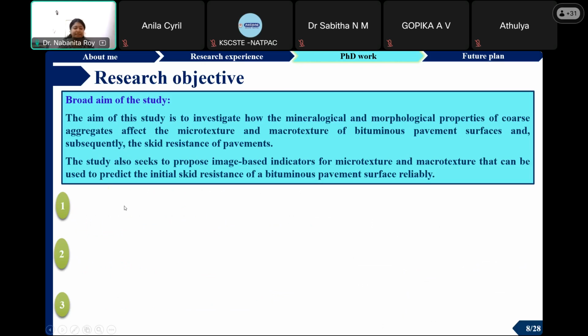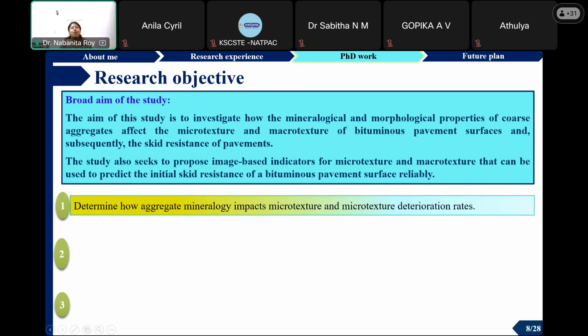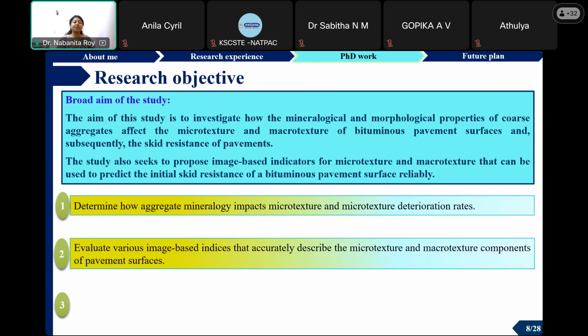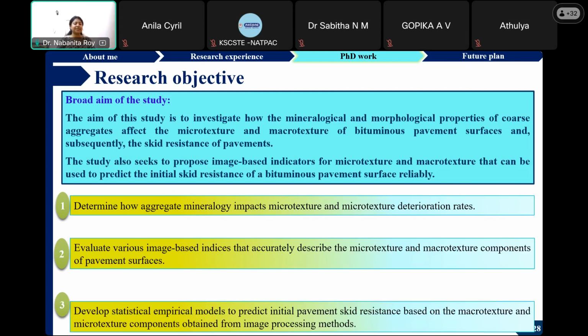So, to avoid that, image-based indicators were proposed as an alternative that can be used reliably to predict skid resistance. To achieve this broad aim, there were some specific objectives. The first objective was to determine how aggregate mineralogy impacts microtexture and microtexture deterioration rates. The second was to evaluate various image-based indices that accurately describe the microtexture and macrotexture components of pavement surfaces.